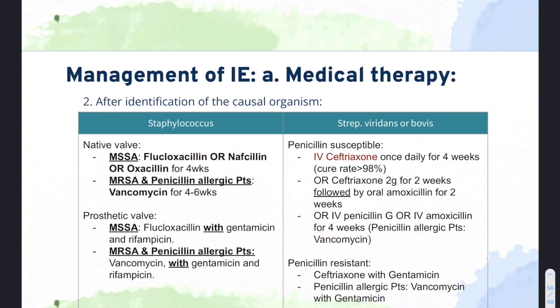But if the organism were penicillin resistant, it would be ceftriaxone with gentamicin. So there would be a combination of antibiotics to decrease the chance of developing resistance against cephalosporin. If the patient is penicillin allergic, you would use vancomycin with gentamicin.